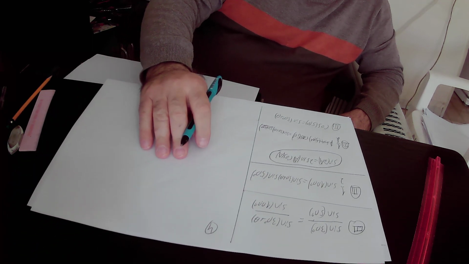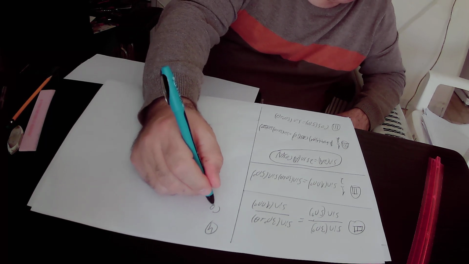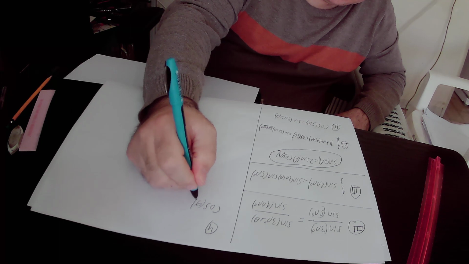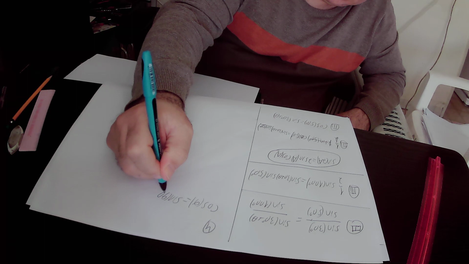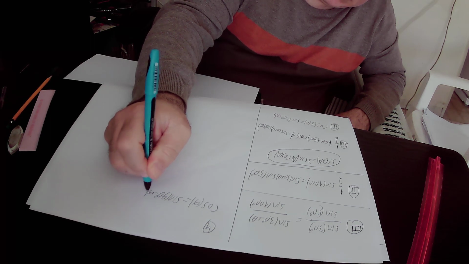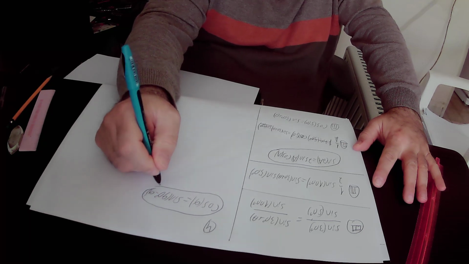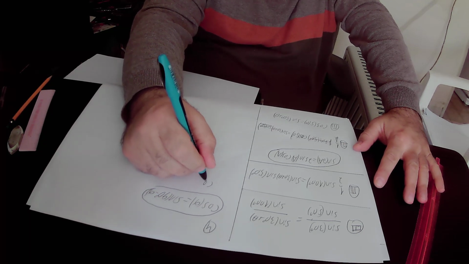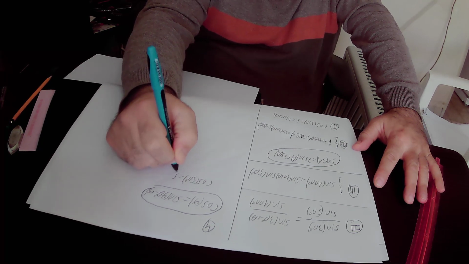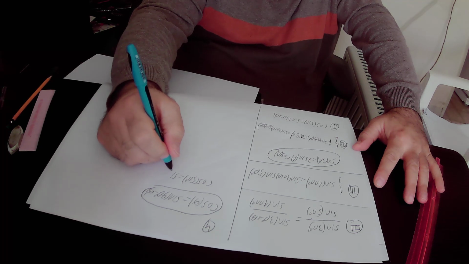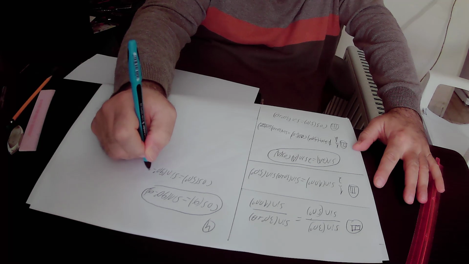Here we will use the trigonometric identity that cosine alpha equals sine 90 degrees minus alpha, and according to this trigonometric identity we will get that cosine 50 degrees equals sine 90 degrees minus 50 degrees.